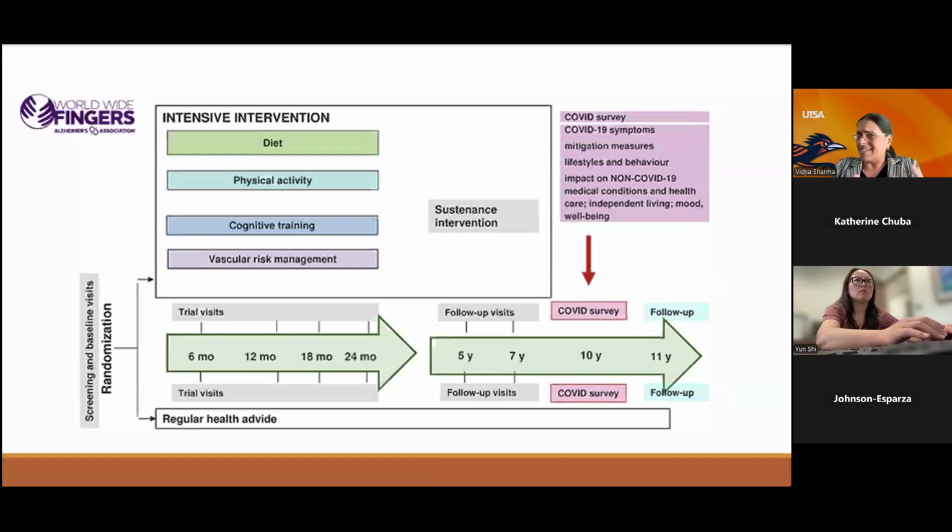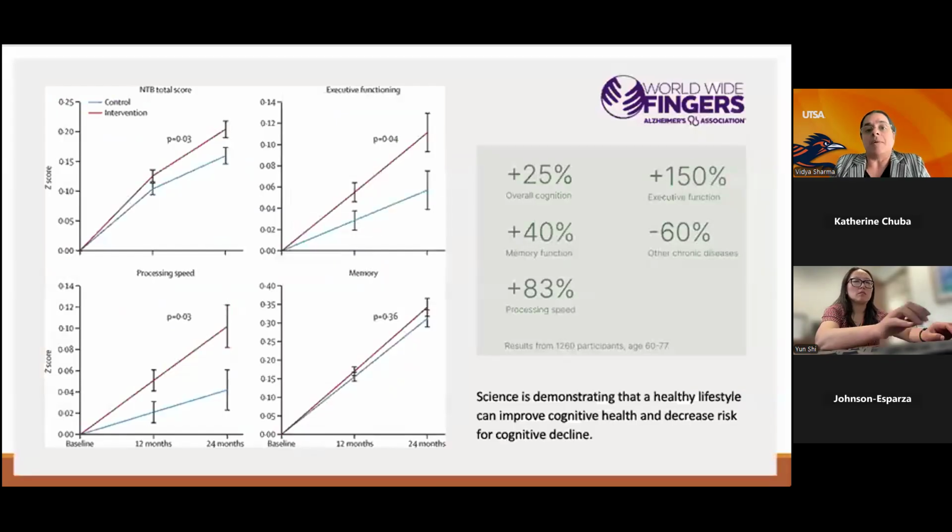Again, kind of looking at that same Worldwide Fingers study, but this is just a summary of what the observations were. And you can see that with healthy lifestyle, what was observed as part of this study was that there is overall 25% increase in cognition, about 150% plus increase in executive function, 40% plus increase in memory function.